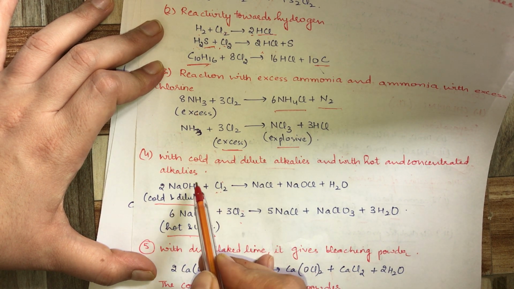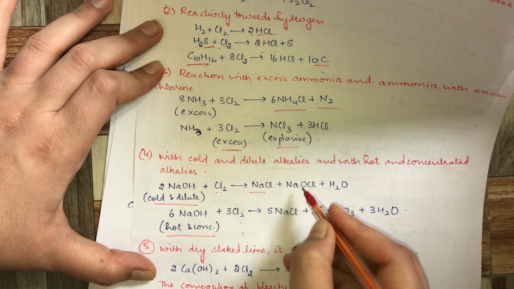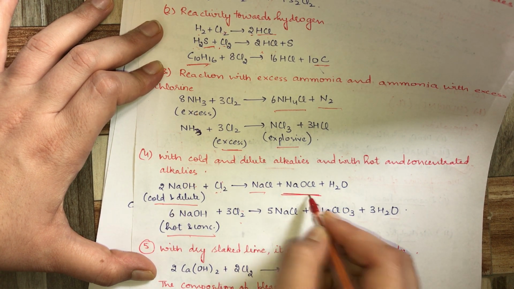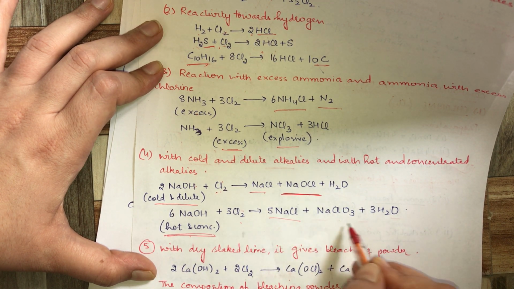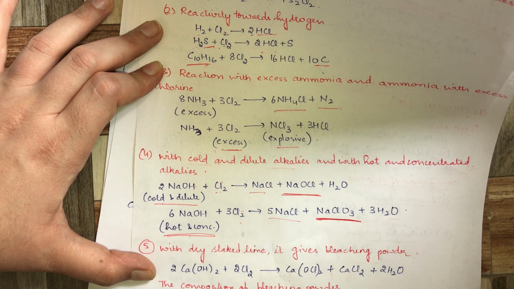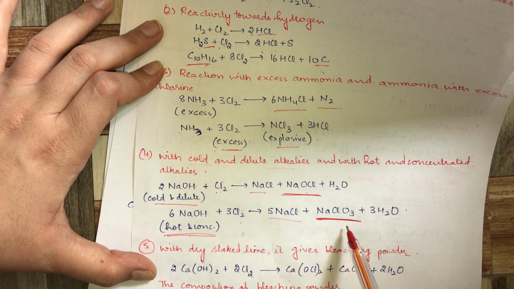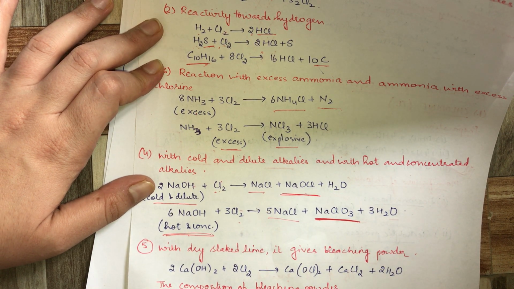When chlorine reacts with cold and dilute NaOH, it forms NaCl and NaOCl. But when it is hot and concentrated, although it forms NaCl, here NaClO3 is formed. Right? This is NaOCl, this is NaClO3. So this is very important to note.